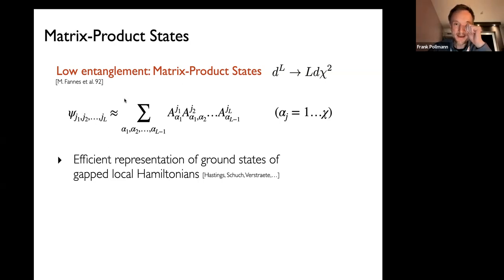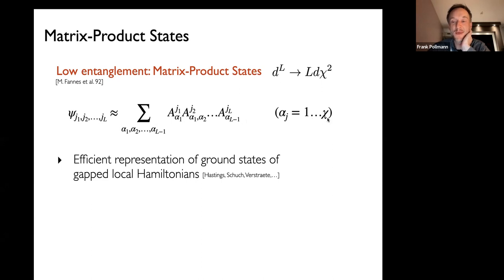The key idea of matrix product states is that we parameterize, or approximate, the amplitudes in the many-body wave function in this form. For every physical degree of freedom, which for a qubit system can be up or down, we write down a matrix of a given dimension.